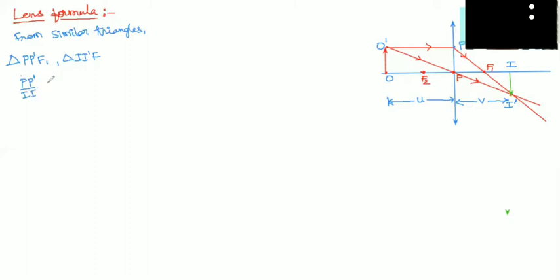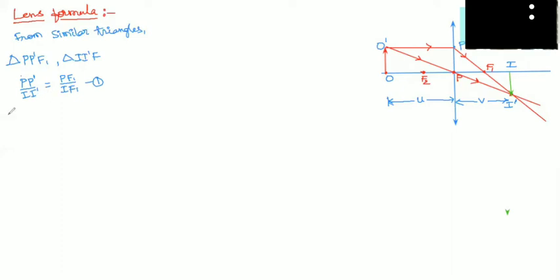So height ratios will be equal to base ratios. Base of first one is PF1, and the next one, IF1, is base of second one. Now I am taking this as equation number 1. From similar triangles concept I applied, I have taken two triangles formed by the same line and I got this equation.